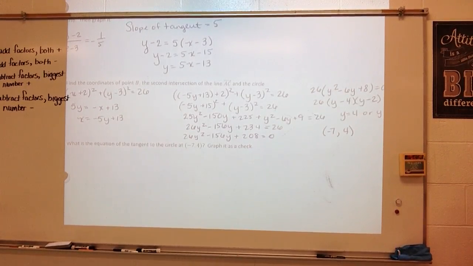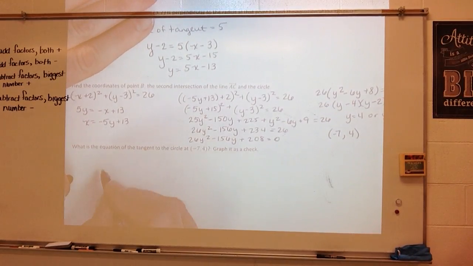What is the equation of the tangent to the circle at (negative 7, 4)? Graph it as a check. Use the point slope form of the line with a slope of 5. Remember, with our tangent, our slope is 5. So let's do that.